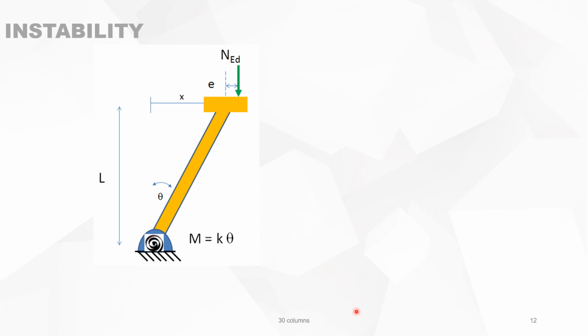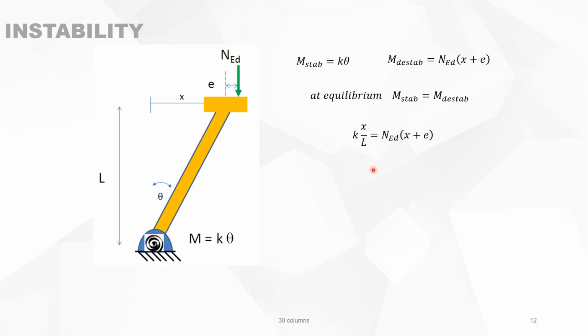We can take it a step further and use an eccentricity on the applied normal force. Then we do the same exercise and we see that the stabilizing bending moment is K times theta. The destabilizing bending moment is now N_Ed times x plus e, of course. At equilibrium, M stabilizing is equal to M destabilizing.